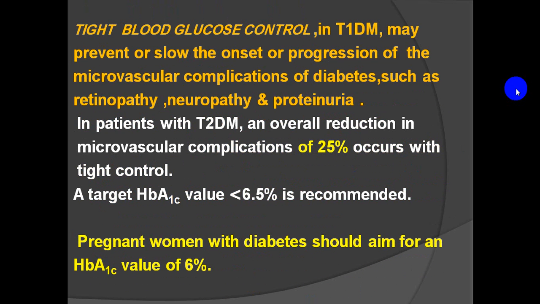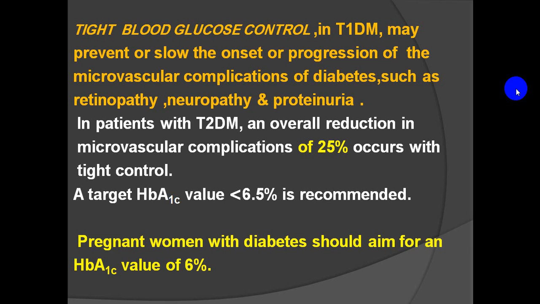Tight blood glucose control in type 1 diabetes mellitus may prevent or slow the onset or progression of microvascular complications of diabetes, such as retinopathy, neuropathy, and proteinuria.